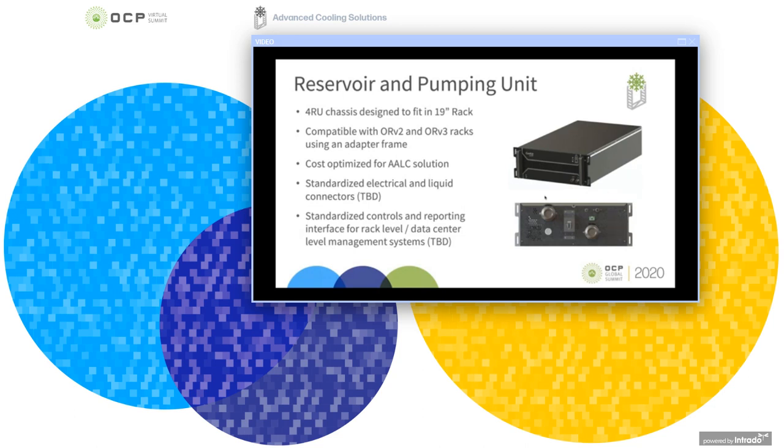And when you swap out components, you don't run short on cable or tube length. Interoperability also requires standard reporting interfaces to the rack manager and to the DCIM level. This effort will continue, and it will be a collaboration with the other applicable OCP work streams.